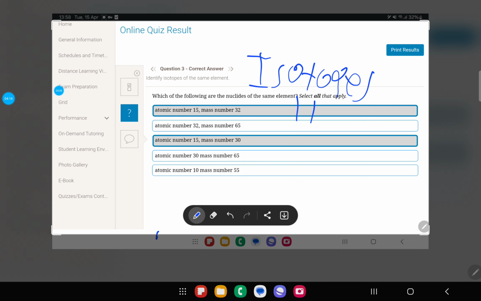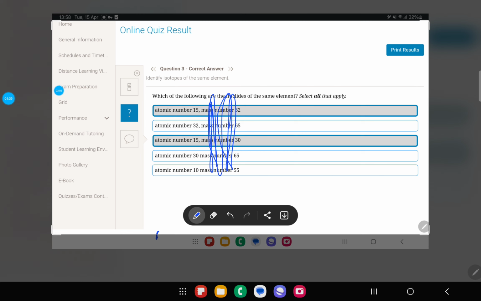Isotopes are elements that have the same atomic number but different mass number. Now they're asking us which of these are isotopes. So forget the mass numbers. We'll look at the atomic numbers, because they have to be the same.